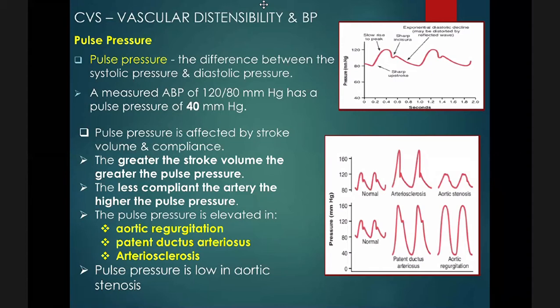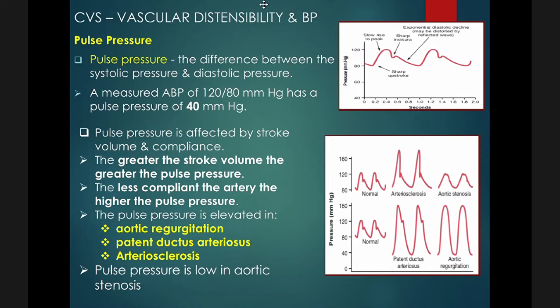Nakuha niyo yun? Okay. There are 3 conditions that increase pulse pressure. This includes aortic regurgitation, PDA, and atherosclerosis. Of course, I've talked about sepsis before, but that's not in cardio anymore. So in cardio, ito yung tatlong differential diagnosis.